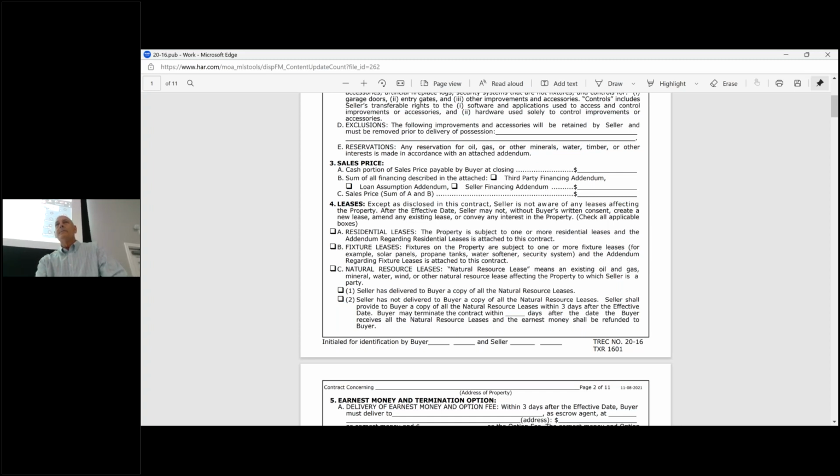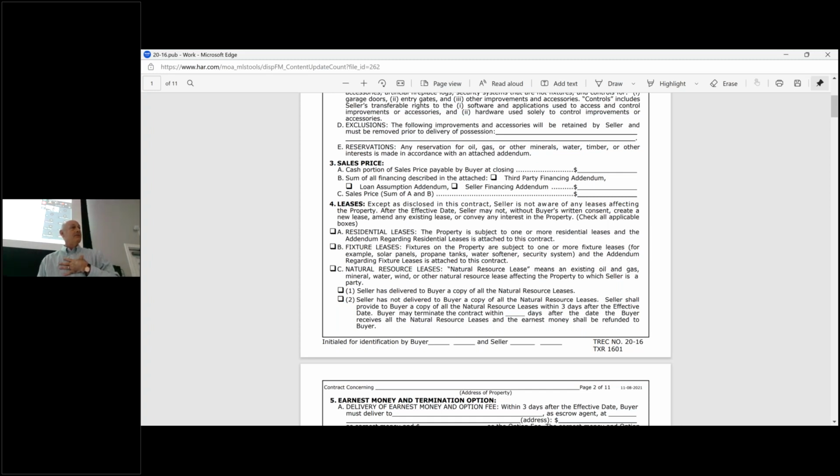This is an offer. So this is an offer contract for a 1-to-4 residential dwelling. And it says right here that the mineral rights convey unless they've been reserved by separate addendum. Now, a farm and ranch contract, I believe, is exactly the same.